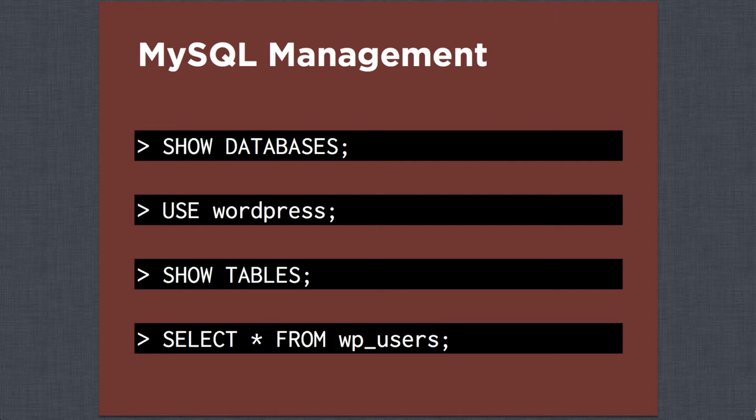When you're working in the MySQL console, you have to issue these commands in order to get data back. This is how we interact with it. We'll see later that there are some graphical programs that can also do this, but generally you want to be able to manage these things from the command line as well.